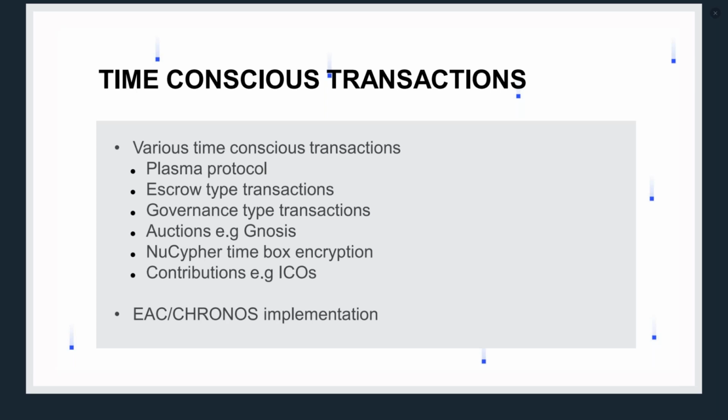So if you try to place your bid at the beginning of the auction, you are definitely going to set a very high price, and for you, that might not be comfortable enough. So you could easily look at the graph and say, okay, by this time, this is what the price should be, and I'm very okay bidding at that price. That's something that is directly achievable with both the EAC and Kronos.